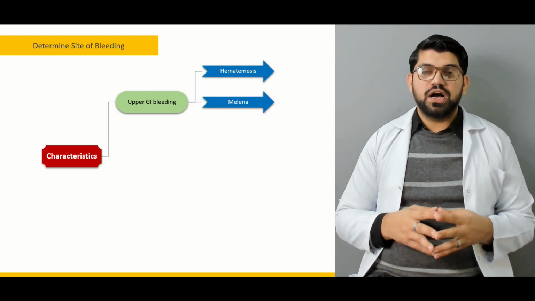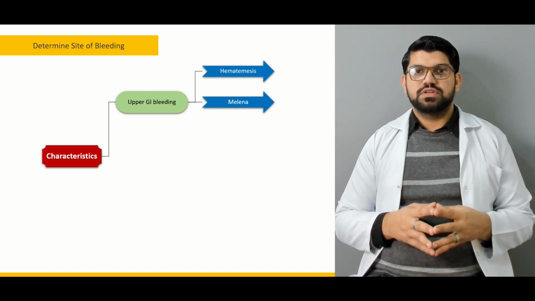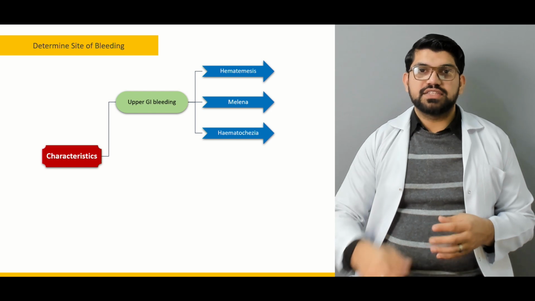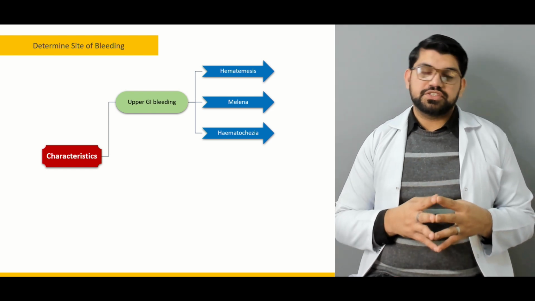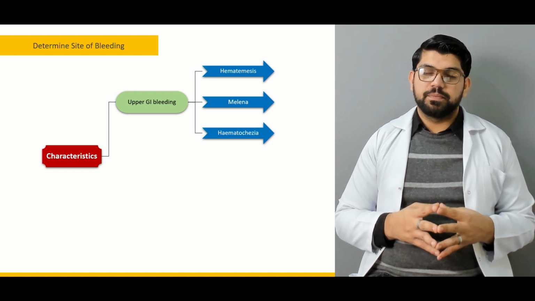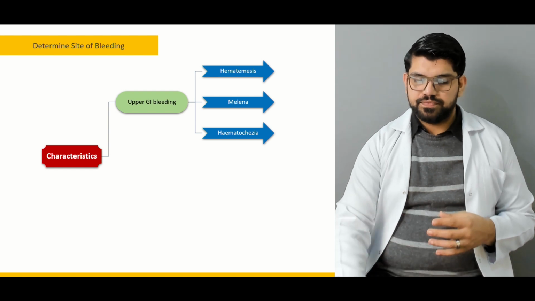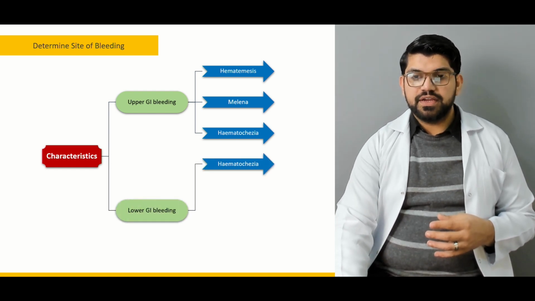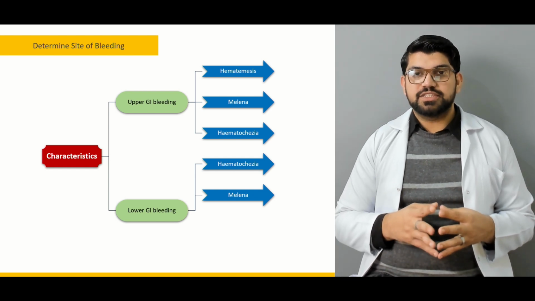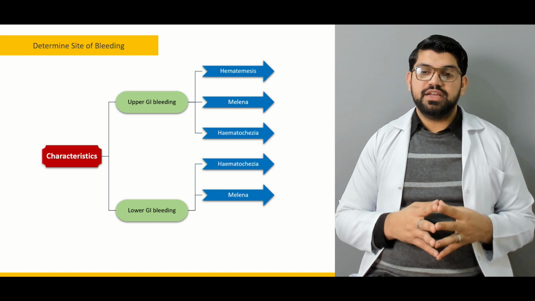Melena, that's dark, foul-smelling, black colored stools. Hematochezia, that's reddish or maroon stools or fresh blood from the per rectal area. Lower GI bleed: the characteristic of lower GI bleed is hematochezia, that's fresh bleed.